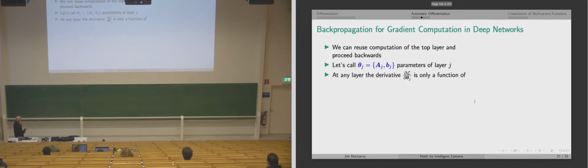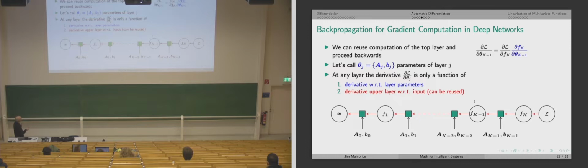At any layer, the derivative of the loss with respect to the parameters of that layer is only a function of two things: first, the derivative with respect to the layer parameters, these blue guys, and second, the derivative of the upper layer with respect to the input. So we're going to proceed backwards from the loss all the way to the input.